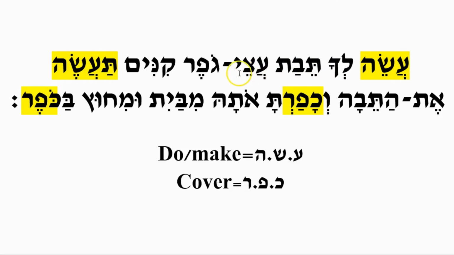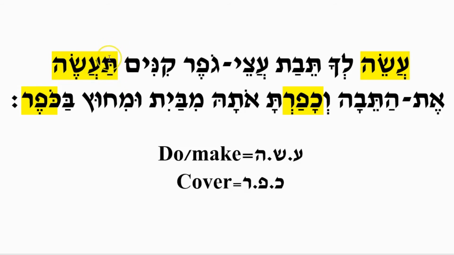Tevat atze gofer kinim. Okay, so then we see here the same shorish, the same root, asa, aseh. We see the same shorish, but it looks different because it's got this letter in the front.